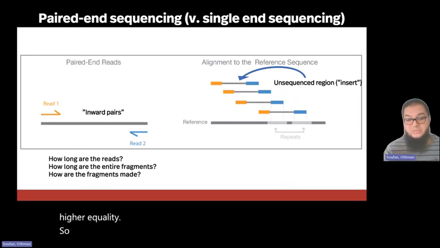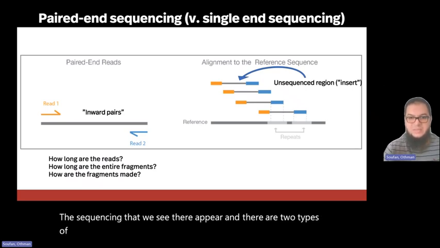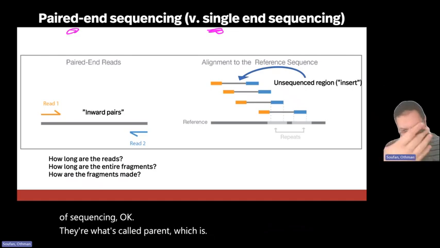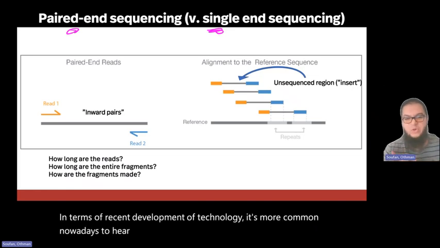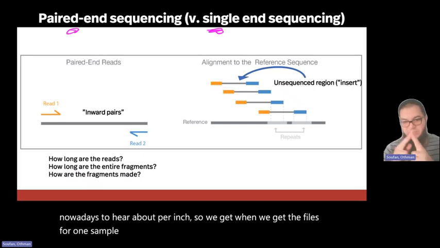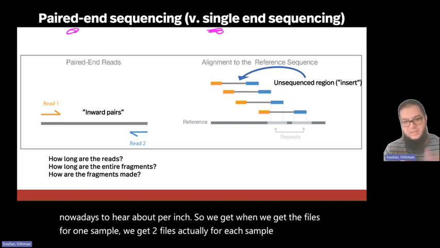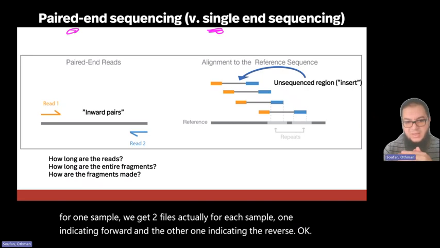In terms of sequencing, there are two types. There is what's called paired end, which in terms of recent technology development is more common nowadays. When we get the files for one sample, we actually get two files for each sample, one indicating forward and the other indicating reverse.